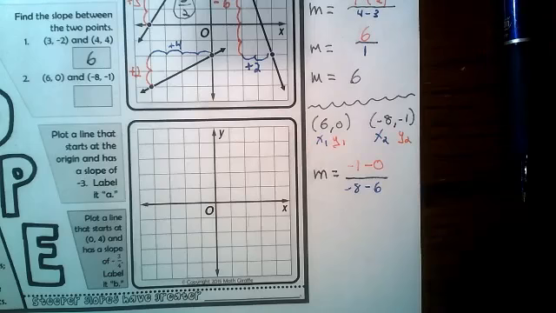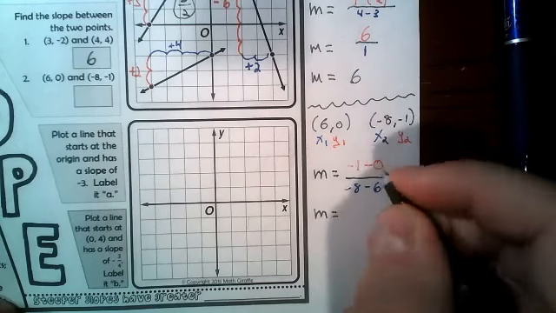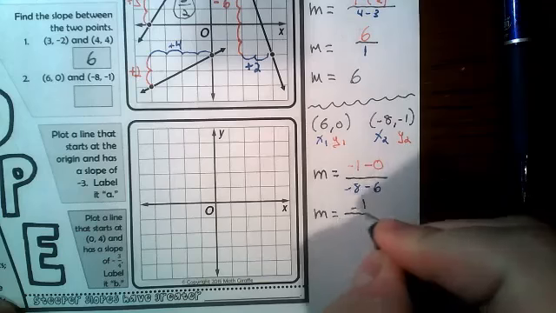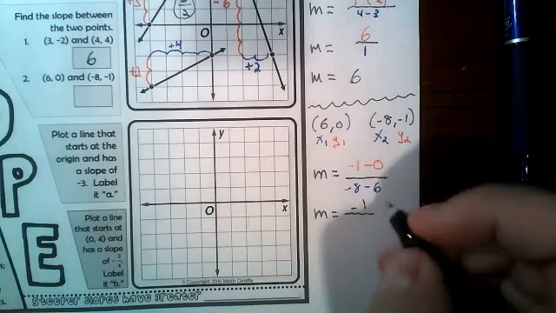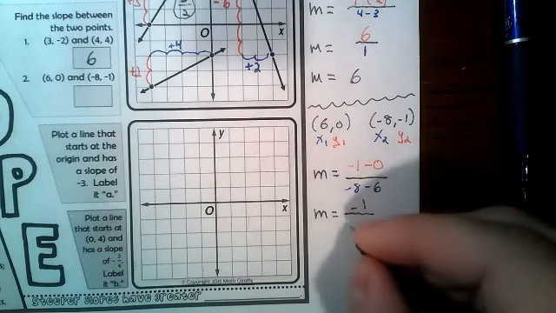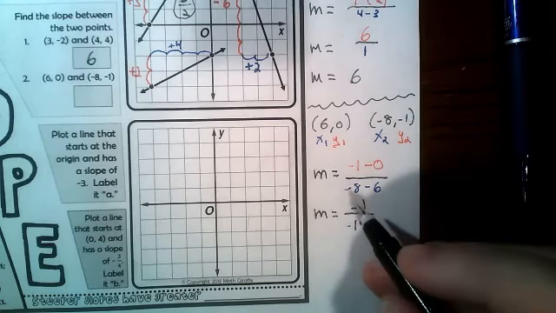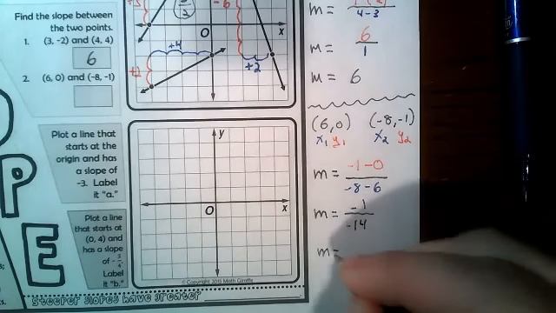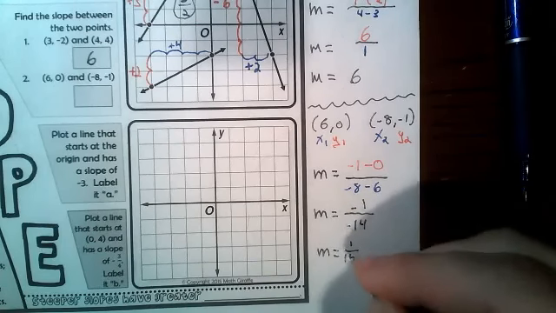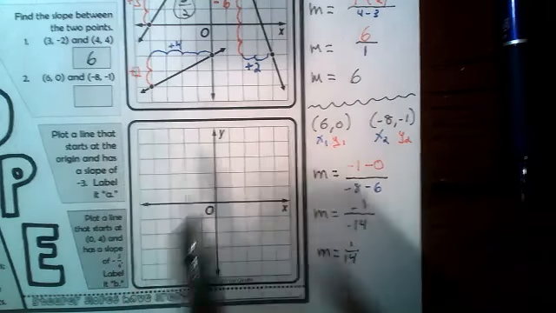So remember, a slope is always a fraction in simplest form. Negative 1 minus 0 is negative 1. Negative 8 minus 6. Well, remember our integer rules. If I have negative 8 and negative 6, I have a negative 14 altogether. In our last integer rule, negative 1 divided by negative 14. Well, a negative divided by a negative is a positive. So our answer, the slope between 6, 0 and negative 8, negative 1, is 1/14.